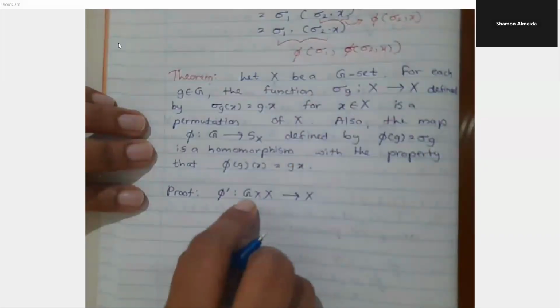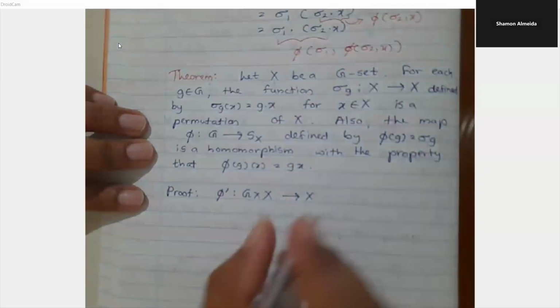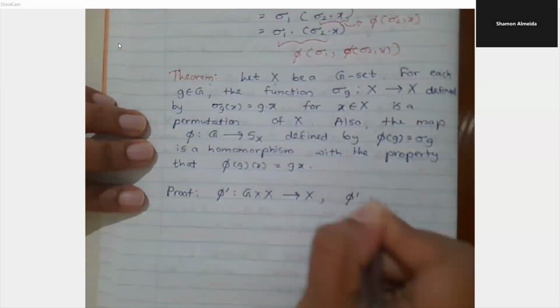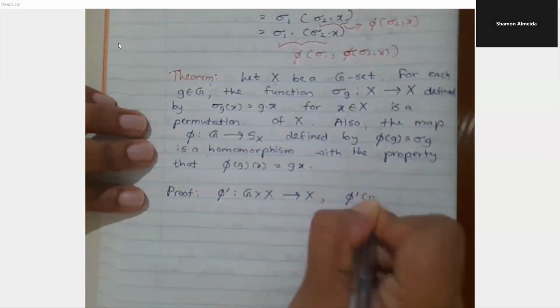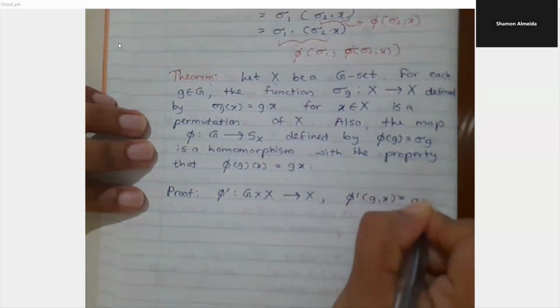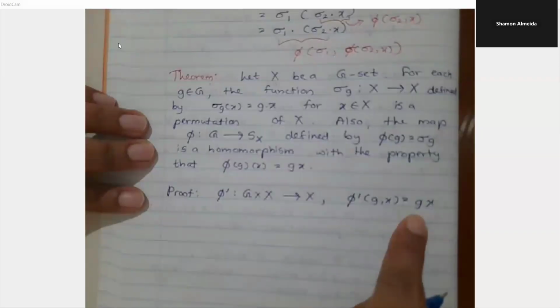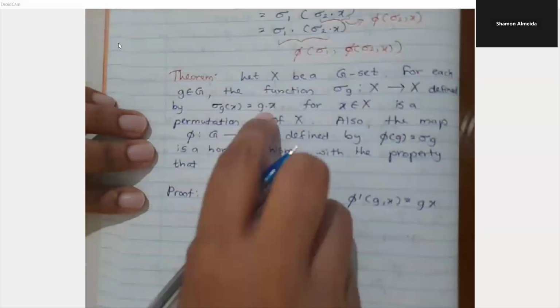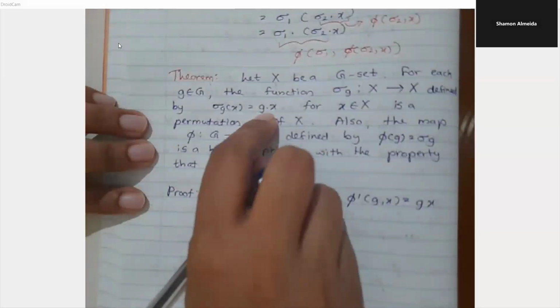So the group that has to be here is simply G. And let's write phi prime of g comma x as simply gx. This is what you see over here.